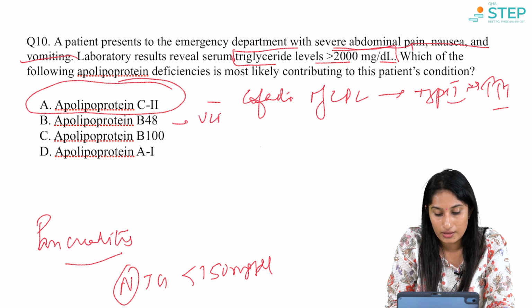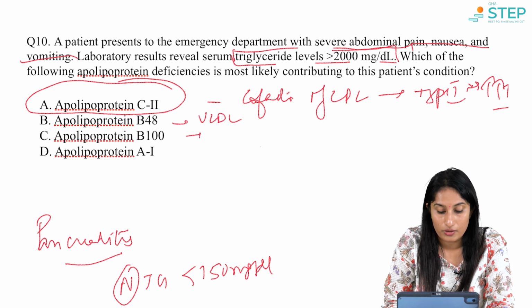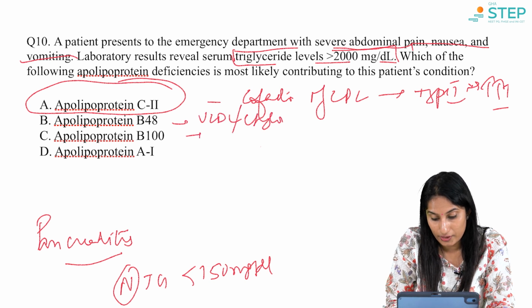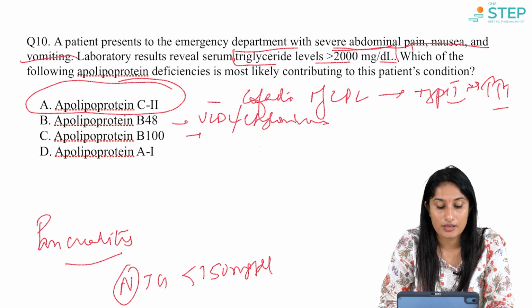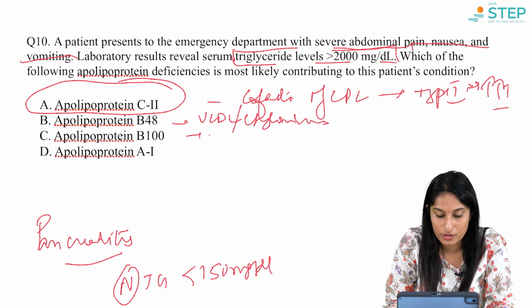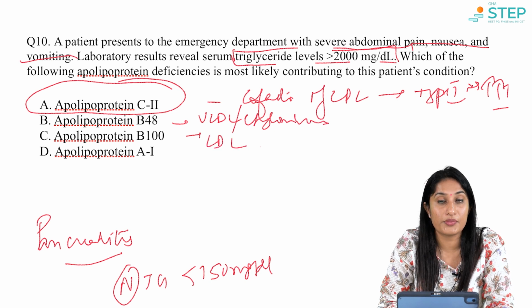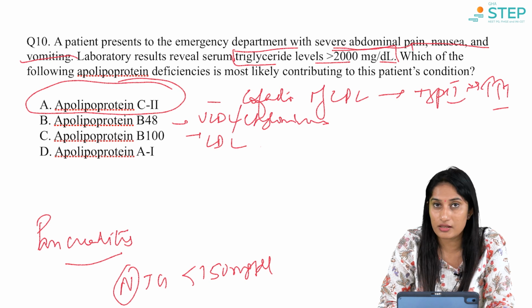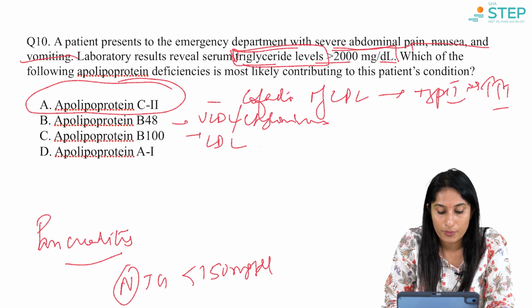It is to do with the VLDL, or mainly the chylomicrons. B100, you remember, is LDL. B100 is the apoprotein of LDL. No, we are not concerned with this because we are thinking of direct triglycerides or chylomicrons.